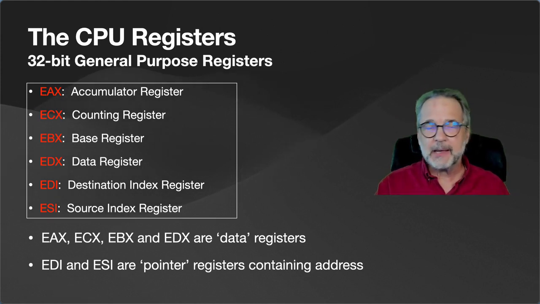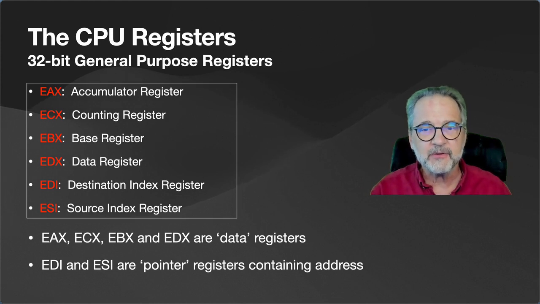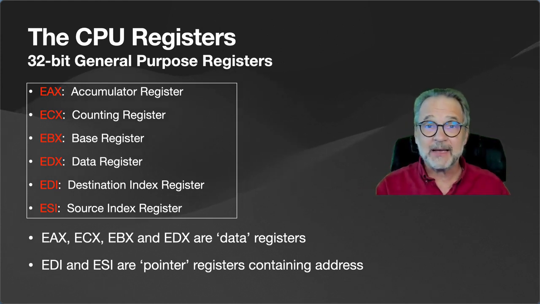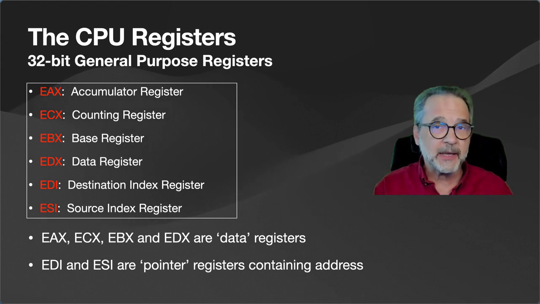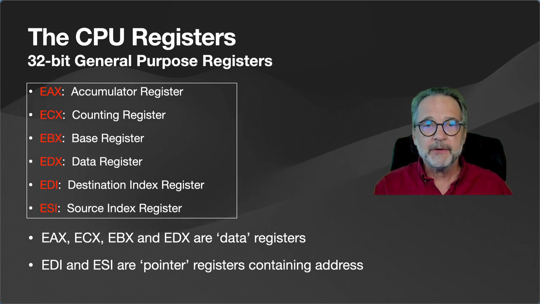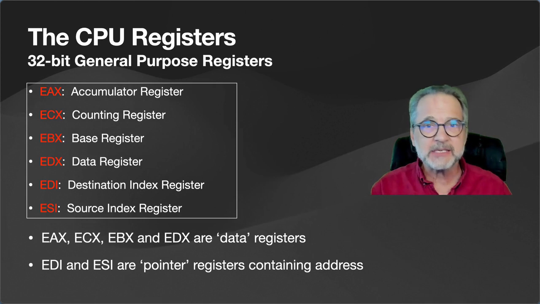Now that might all be kind of confusing. What are all these different things used for? The first four, EAX, ECX, EBX, and EDX, you pretty much can use any way you want. They're four variables in the CPU, there for the taking and for your use. EDI and ESI are kind of specialty registers.